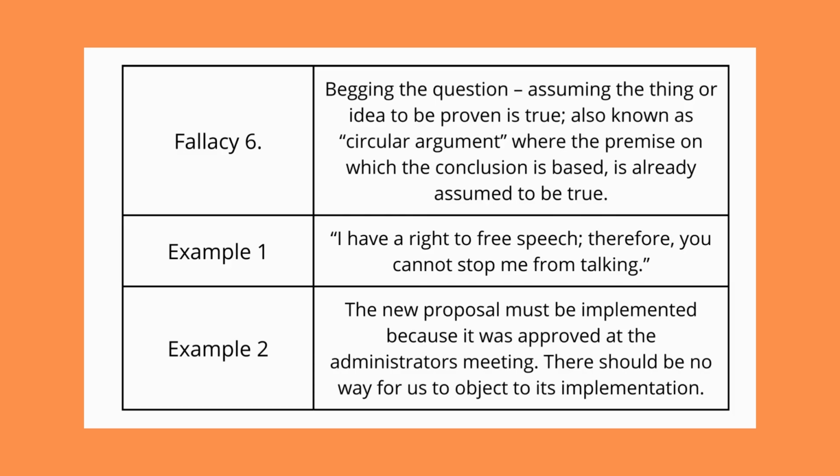Also in example 2, the premise claims that the new proposal must be implemented. And because of this fact, there should be no way to object to its implementation. That is begging the question, otherwise known as circular argument.